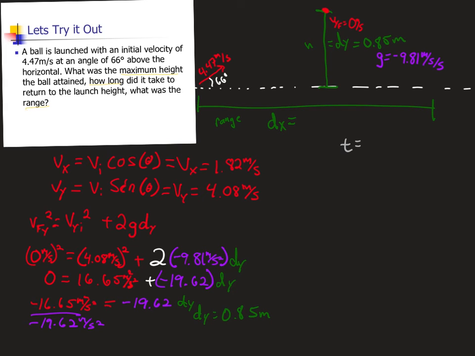Now we can solve for t, and we can utilize an equation where the distance in the y direction is equal to 1/2 gt squared.